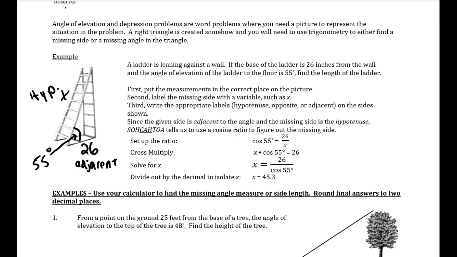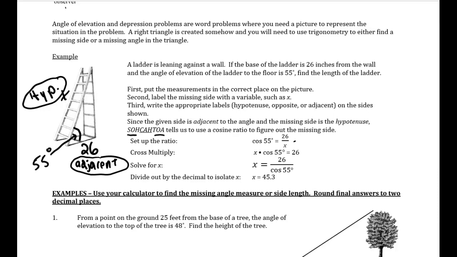So if you remember, sine is opposite over hypotenuse, cosine is adjacent over hypotenuse, tangent is opposite over adjacent. Since again we have the adjacent side and the hypotenuse, that means we'd set up a cosine.